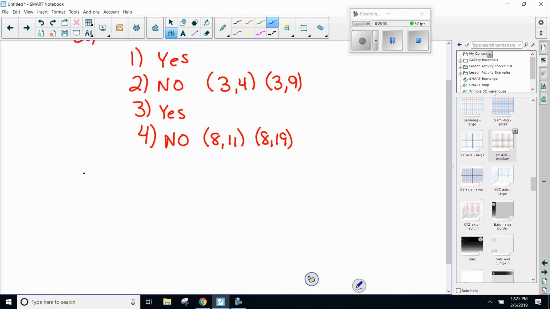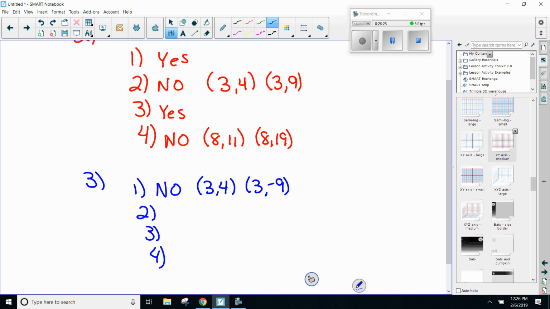If we look at number 3, is number 1 a function? No. Why not? You have the coordinate point 3, 4, and you have the coordinate point 3, -9. Is 2 a function? Yes.